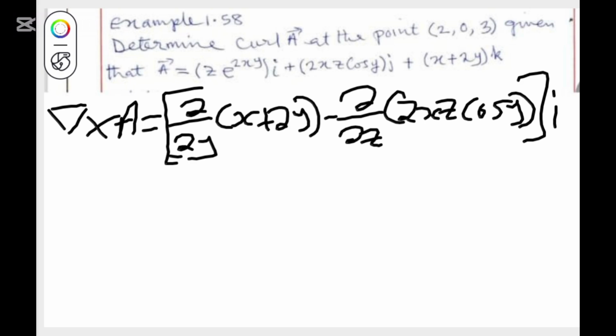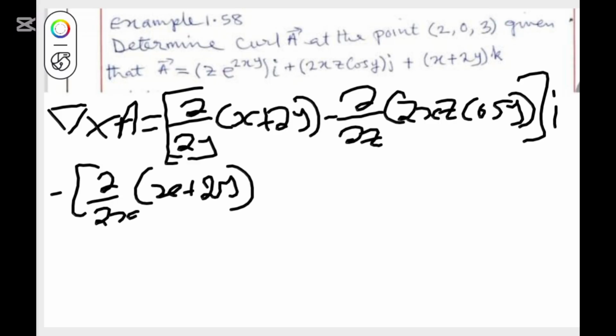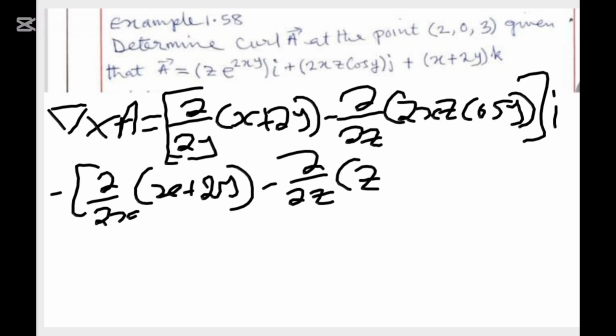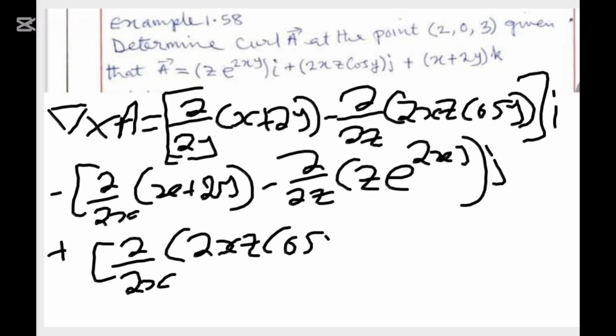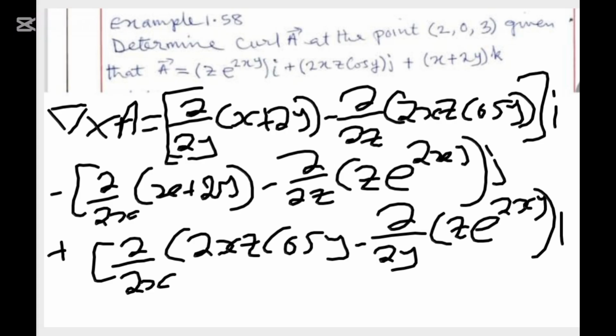And also for j, I have to say minus d by dx, and I will have x plus 2y minus d by dz, which is z e to the 2xy. For k, I have to say plus d by dx, which is 2xz cos y minus d by dy, which is z e to the 2xy k.